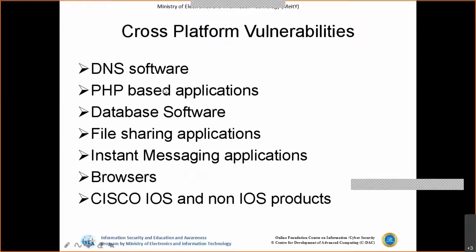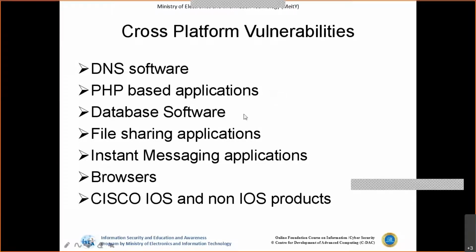That is, it may be with respect to the applications that are used on any of the operating systems, like browser attacks, where we can use Firefox on any operating system. If there is a vulnerability in a particular browser, then using that vulnerability, the operating system can also be attacked. Or there may be certain vulnerabilities in databases, file sharing services, or even networking devices like iOS and non-iOS products.